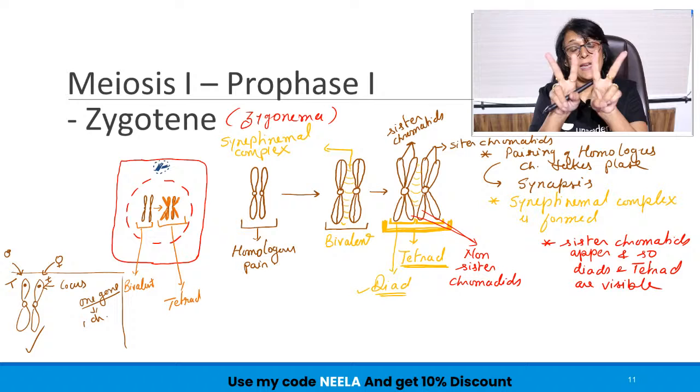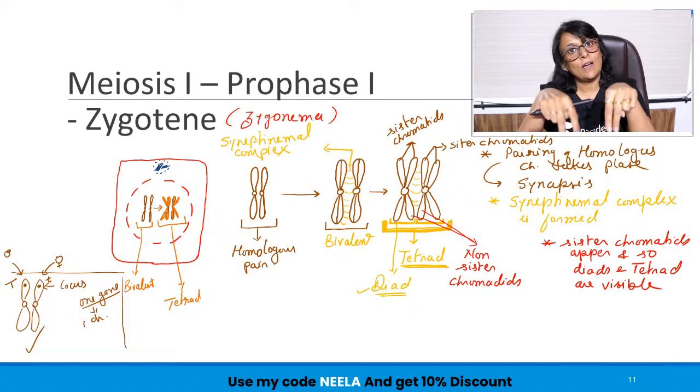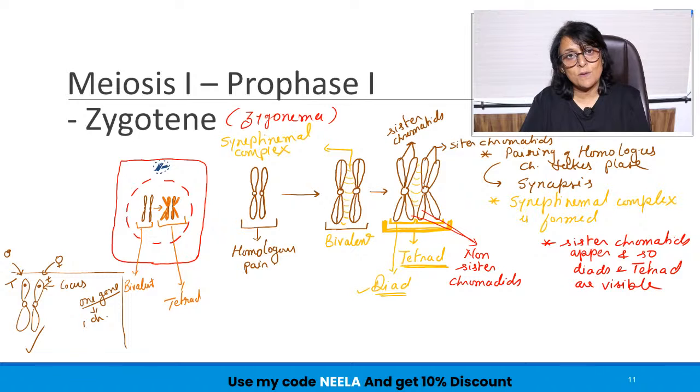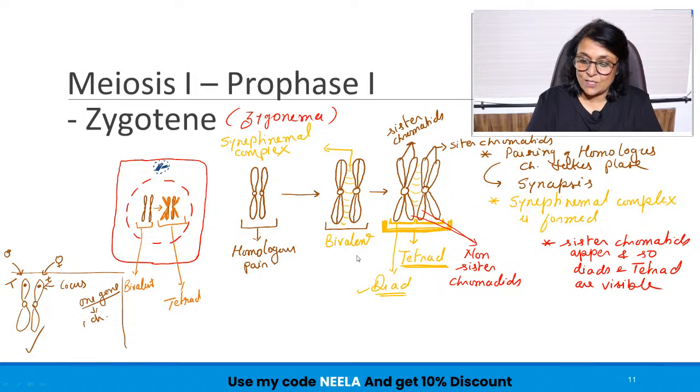So at one end there will be 4 arms visible, 4 chromatids, and on the other end also 4 chromatids will be visible. So when you see 4 arms at one end, then you start calling it a tetrad. One homologous pair is known as a bivalent. One chromosome, when it splits into its sister chromatids, that is known as a dyad.